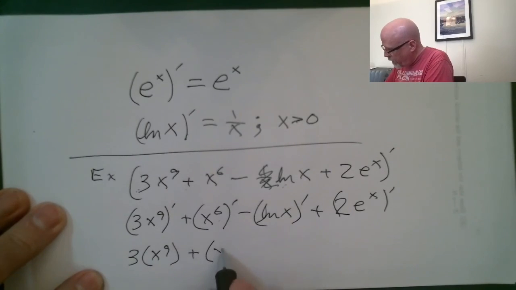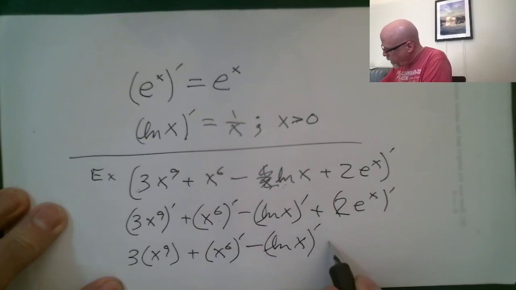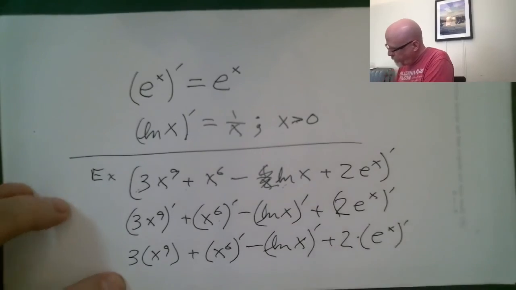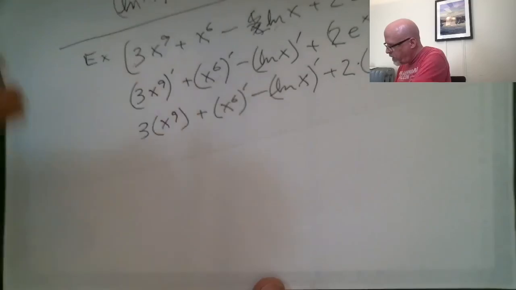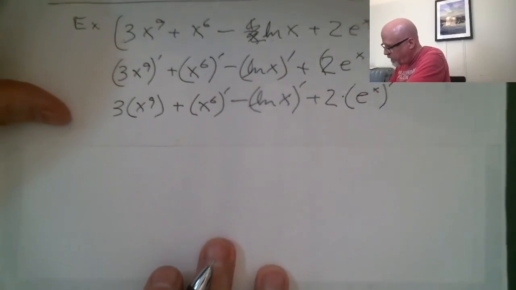I'm just going to copy it, x to the 6. Neither does the log. Both of these still need their prime on them. And then this one's got a constant we can pull out, 2 times e to the x's derivative. I'm going to move it up the screen a little bit so we can see it.